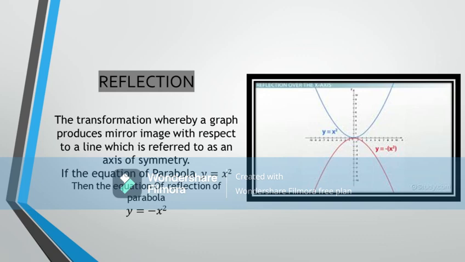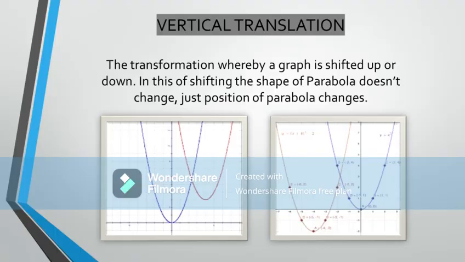In the other figure, the right hand figure, the parabola is blue in color, while the vertical translation is downward, which is shown in red. Shape of the graph unchanged, but the position of the graph changes. Vertical translation: the transformation whereby a graph is shifted up or down.